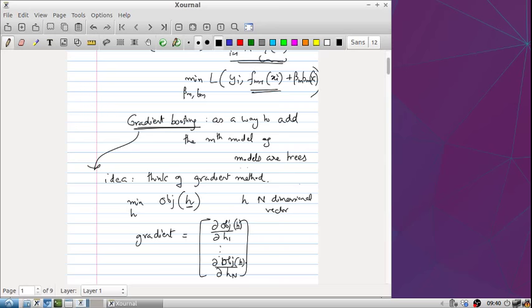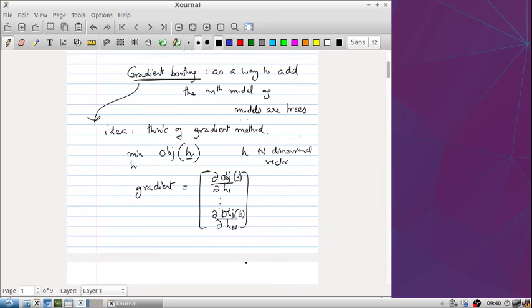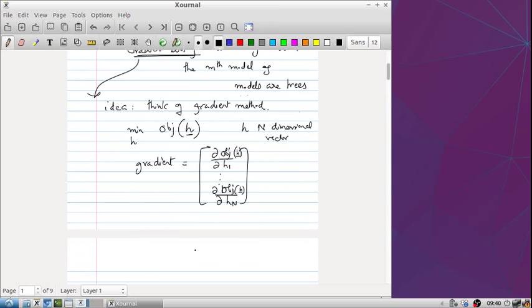So this would be an n-dimensional gradient. Let me give an example to clarify this. Let's say the objective is the sum over i equals 1 to n of (yi minus hi) squared. It's just an example function of n h's. For this, what would be the gradient? It depends on all the h's, so the objective involves h1 to hn.